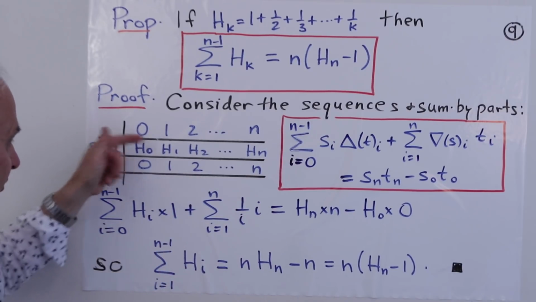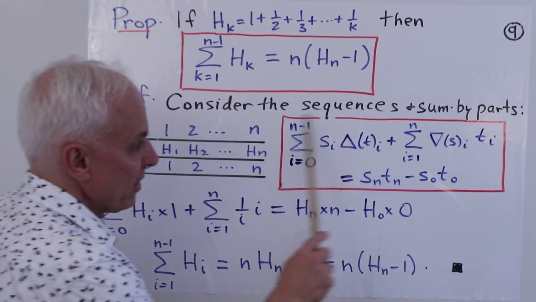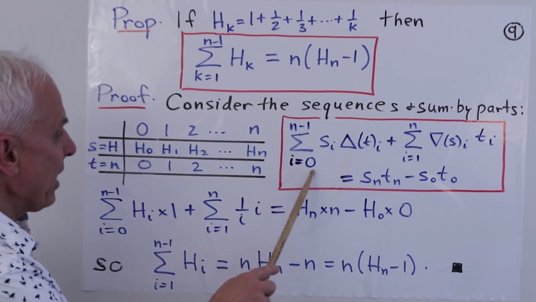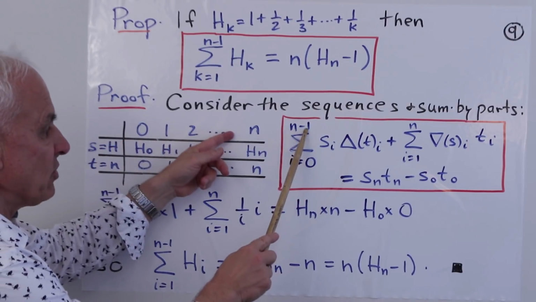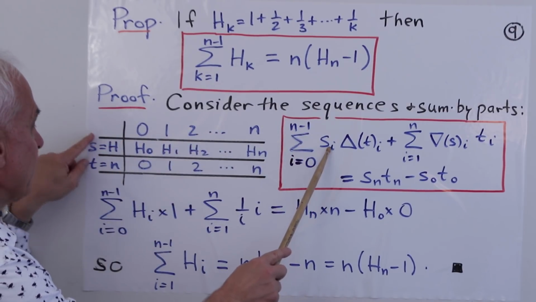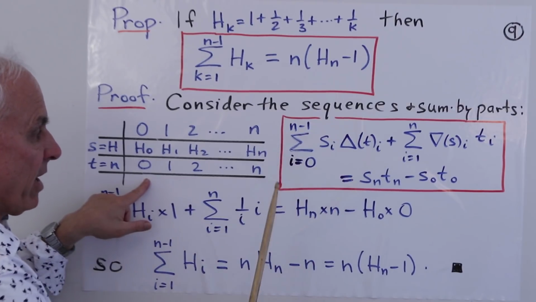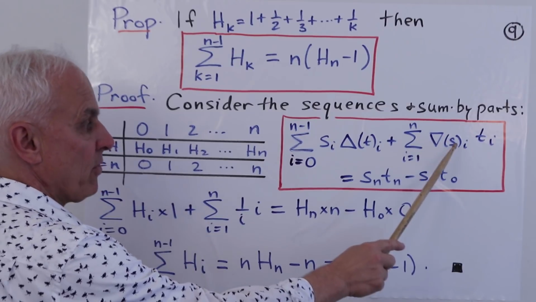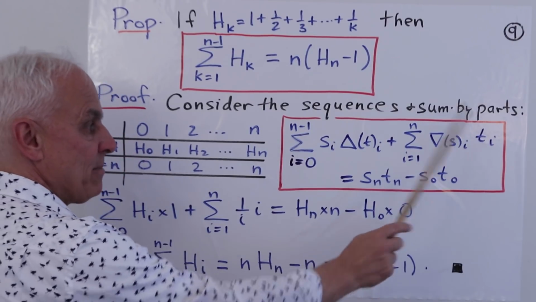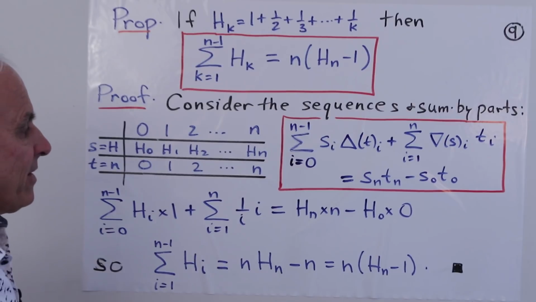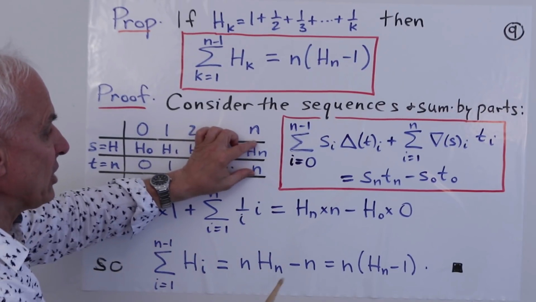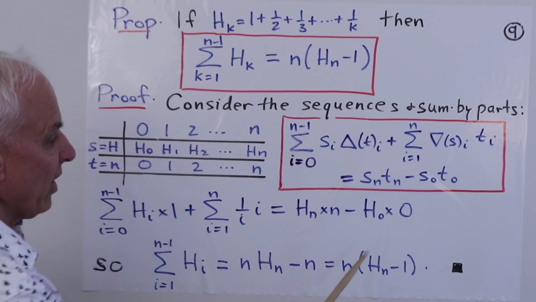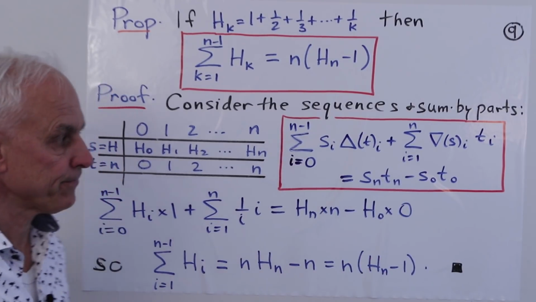So this will be sequence S, this will be sequence T, and then the summation by parts formula has this expression: the sum from i equals 0 to n minus 1 of S sub i times the forward difference delta T sub i, plus the sum from 1 to n of the backward difference of S times T sub i. The sum of those two is the product of the last two entries, S sub n times T sub n, minus the product of the first entries, S0 T0.